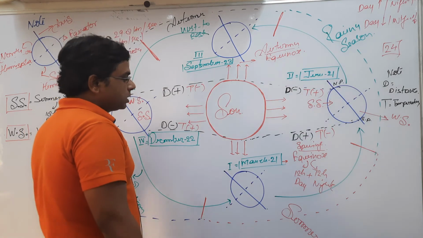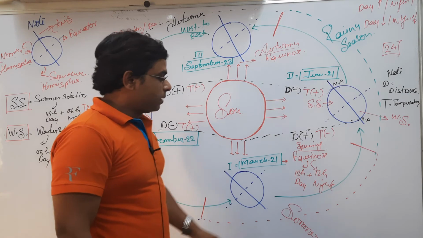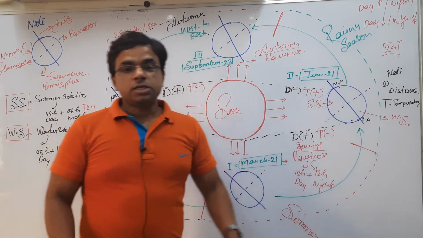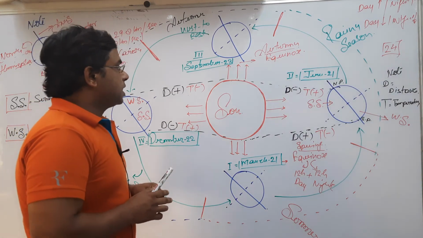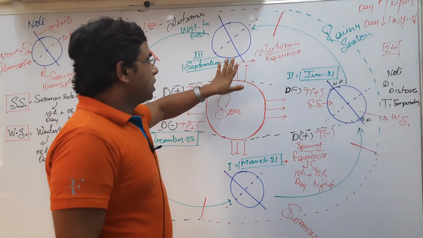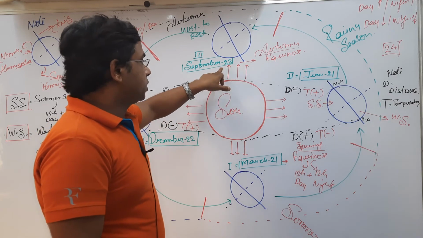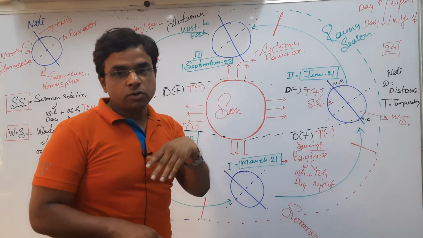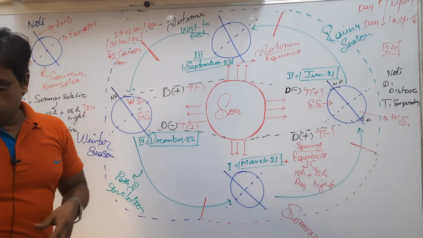And what is equinox? When the day and the night are of equal time duration, that is 12 plus 12 hours. So yesterday, if you had noticed, we experienced a day with exactly 12 hours of night and 12 hours of day. That is the 23rd of September, and today we are on the 24th of September.